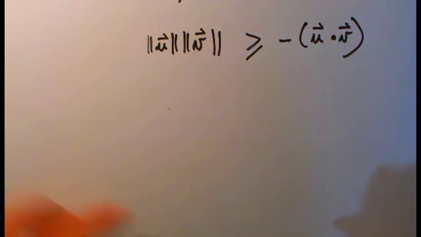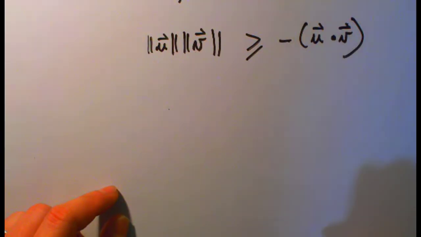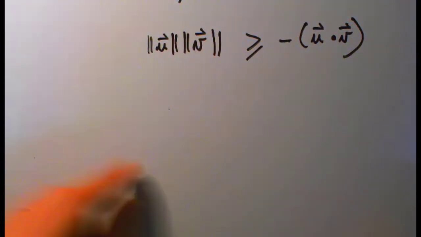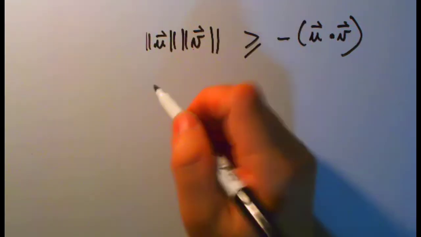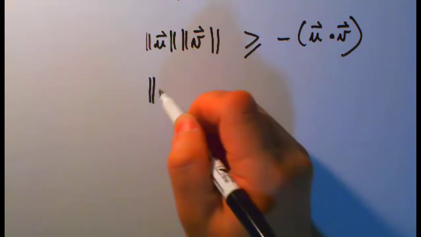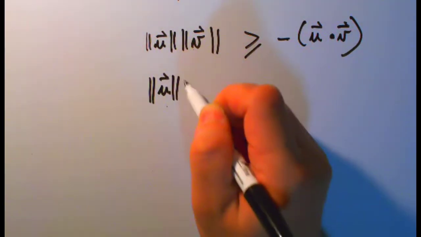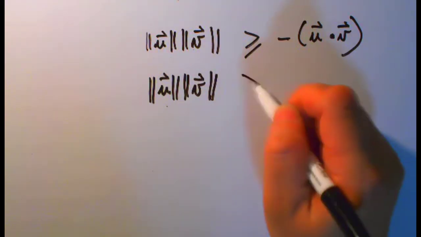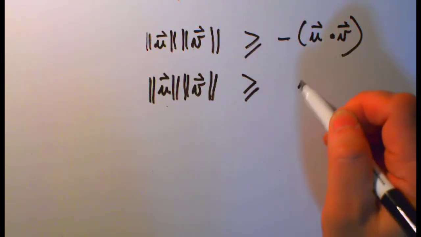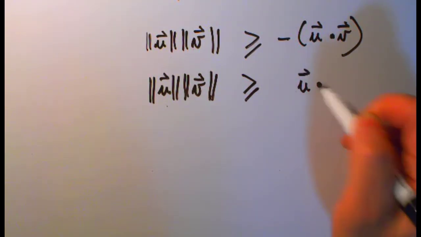And so now, putting all that together, the earlier one we had was length u times length v greater than or equal to the dot product u dot v.